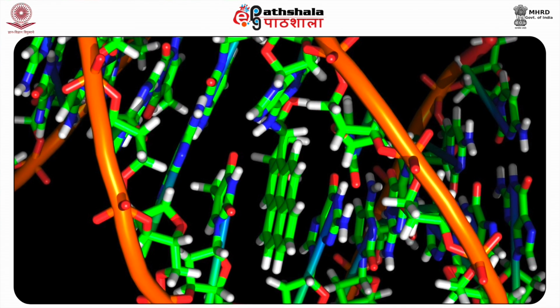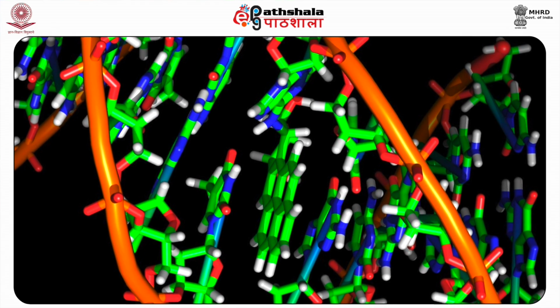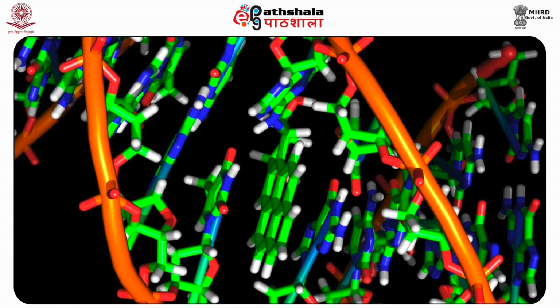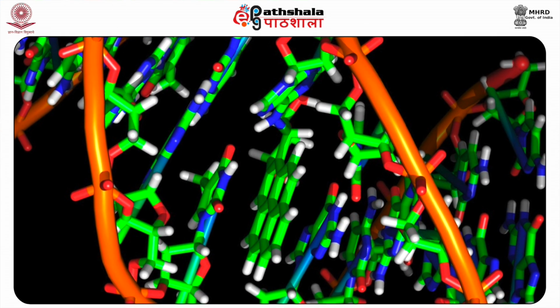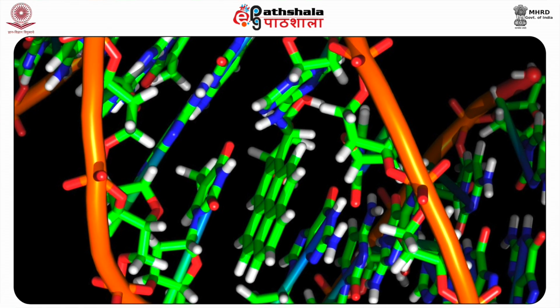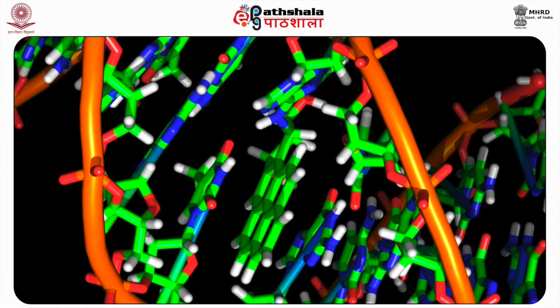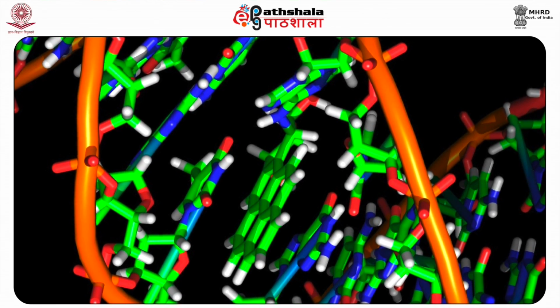Mutations in genes can either have no effect, alter the product of a gene, or prevent the gene from functioning properly or completely. Mutations can also occur in non-genic regions.